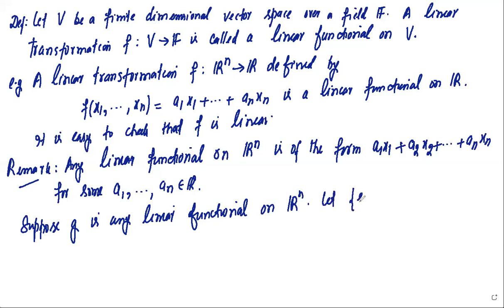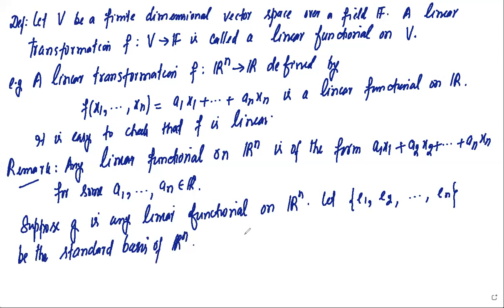Let e1, e2, so on, en be the standard basis of Rn. Then g of ei, since we are taking this g to be a linear functional on Rn.